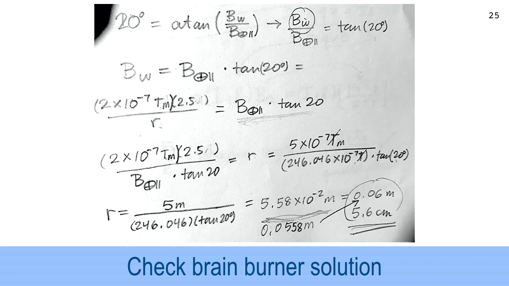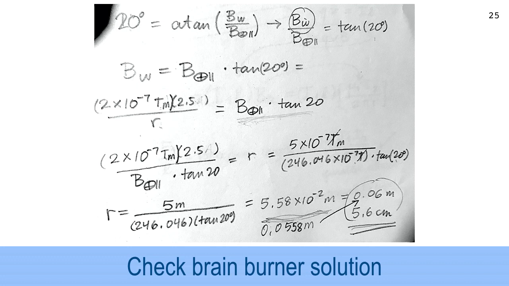Now I'm going to put in the magnetic field. Over here on the left, here's the magnetic field of the wire. Notice that I have some erasing here in the middle, because I had 2 times 10 to the minus 7.